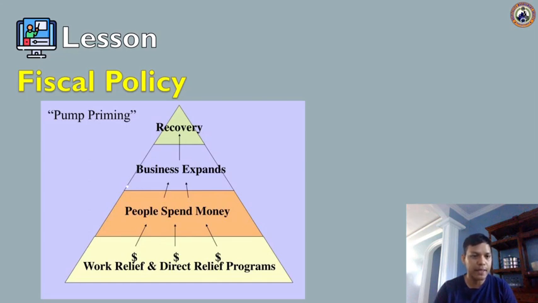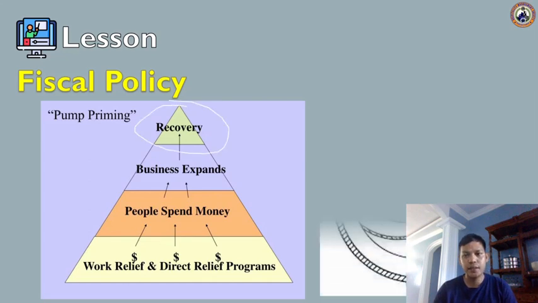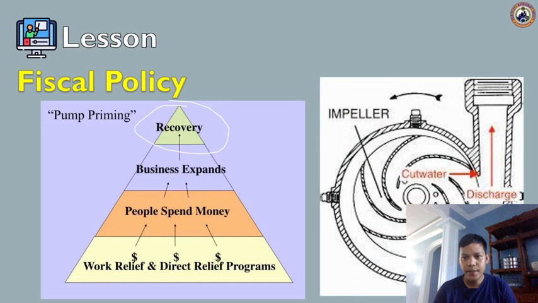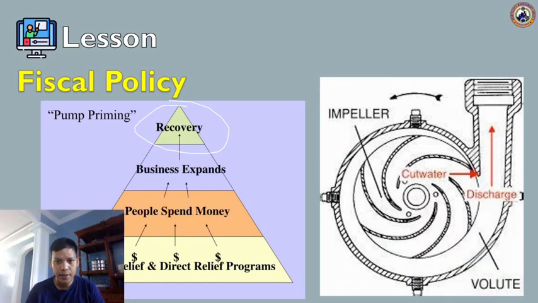Okay, because they encourage more customers or consumers to buy their products or services, and then you will feel recovered, just like in the literal pump priming. Okay, the water in this part is only at this level and it cannot go up.